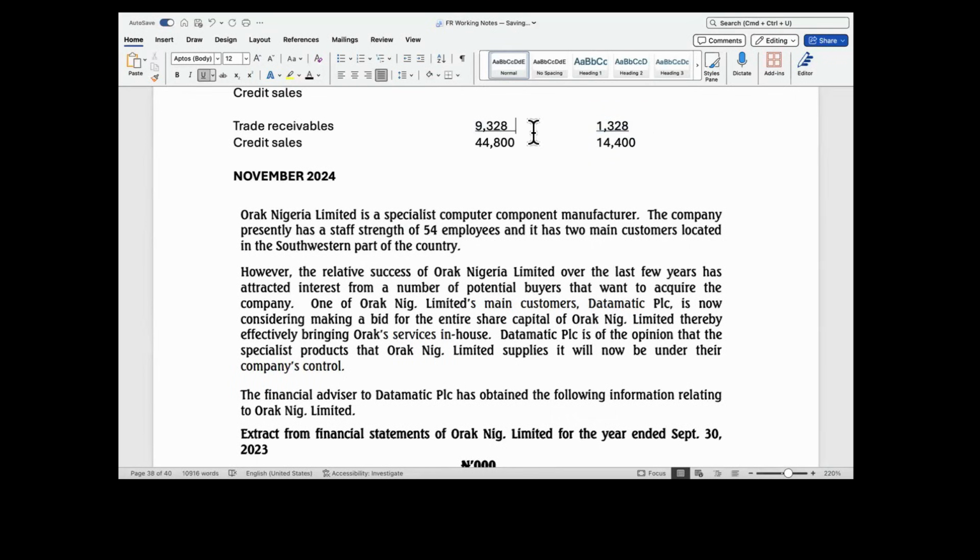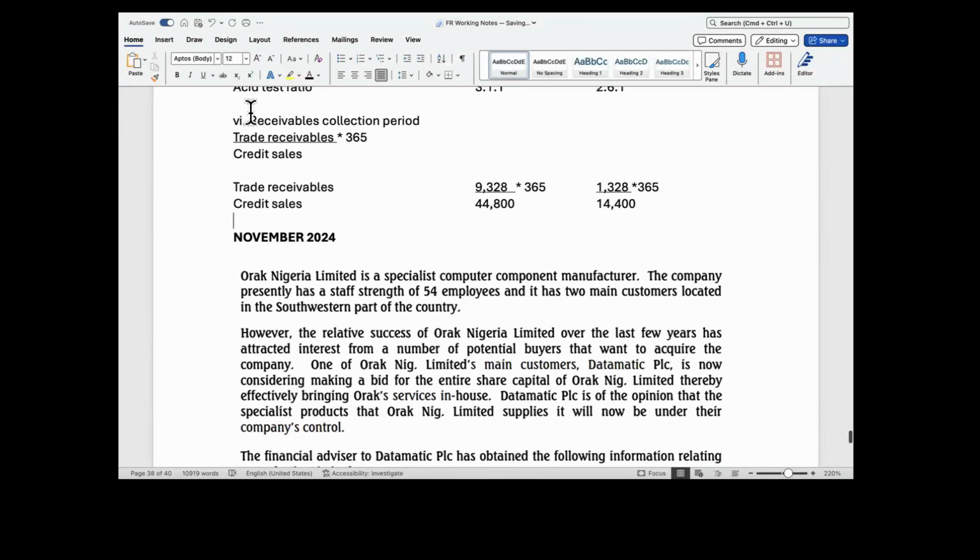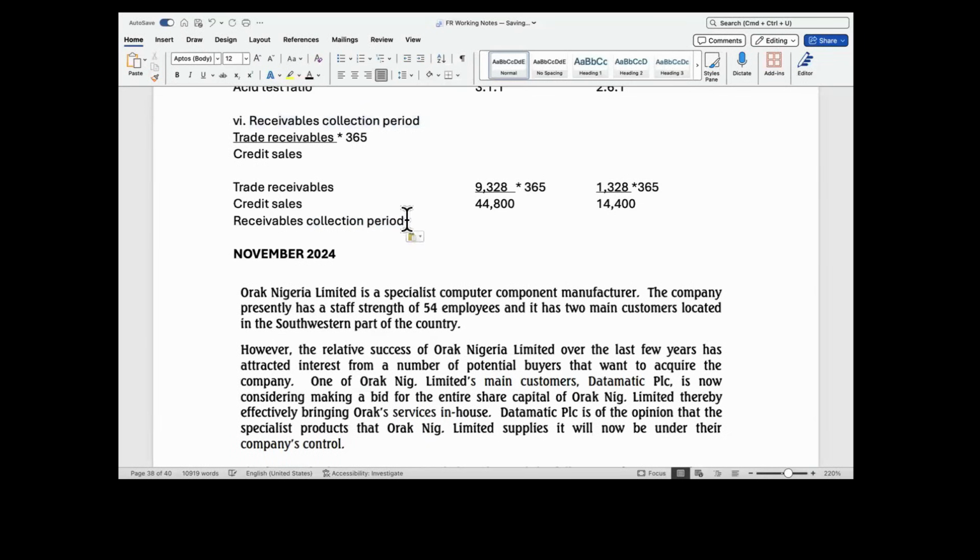Don't forget, you have to multiply by 365. So how many days are we looking at? 76 days. Okay.